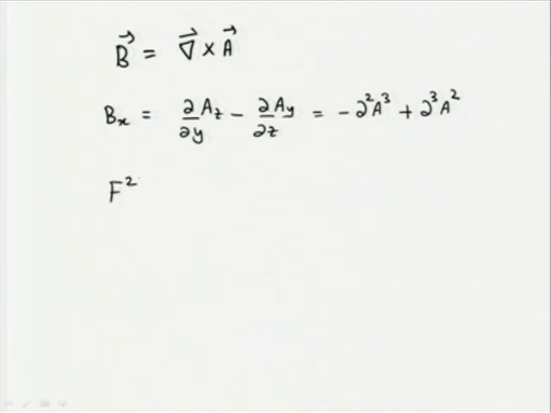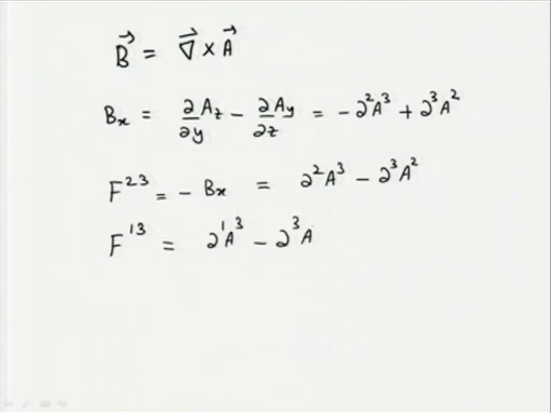Since we know F_23 is equal to minus B_x, we have that equal to ∂_2 A_3 minus ∂_3 A_2. Similarly, F_13 equal to ∂_1 A_3 minus ∂_3 A_1 and F_12 is ∂_1 A_2 minus ∂_2 A_1.